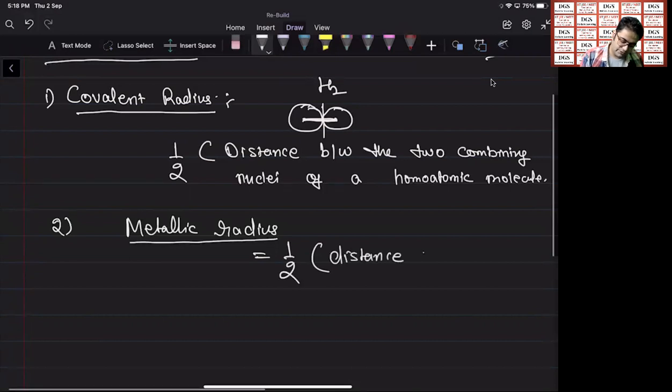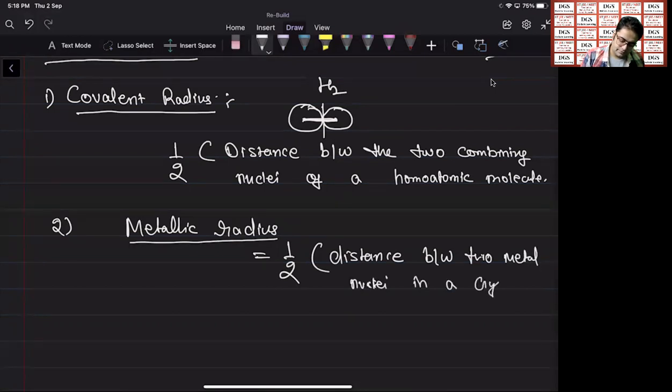In addition to these two radii, the third one will be ionic radius.